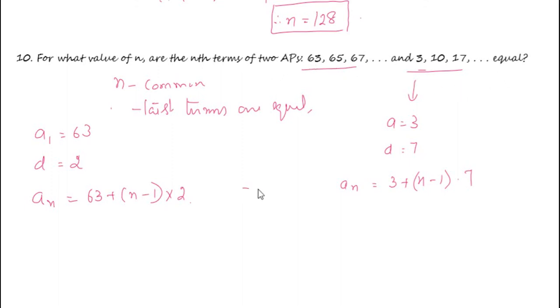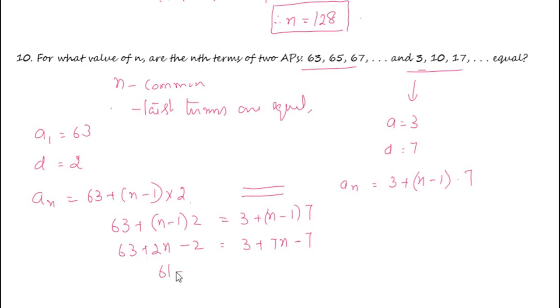That means these two are equal. 63 plus n minus 1 into 2 is equal to 3 plus n minus 1 into 7. 63 plus 2n minus 2 equal to 3 plus 7n minus 7. 63 minus 2, 61 plus 2n equal to 3 minus 7 minus 4, 7n minus 4.